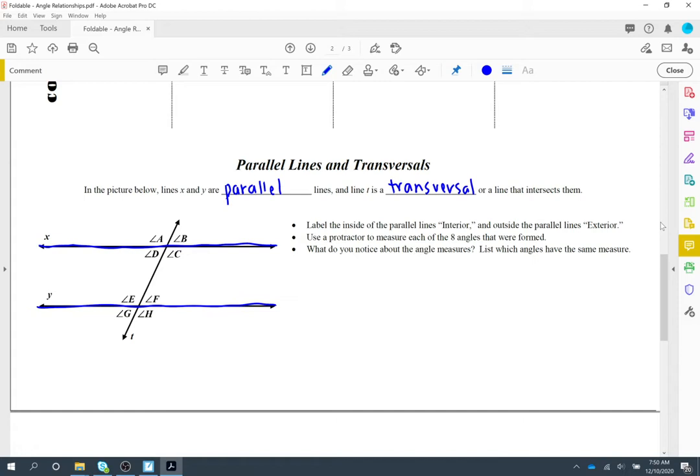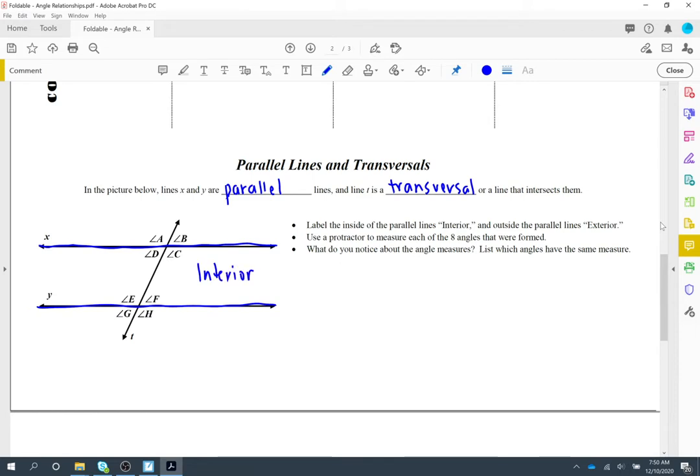relationships. So first of all, it says label the inside of the parallel lines interior and the outside of the parallel lines exterior. So take a look at your parallel lines and consider them like a road. If you're driving on the road, you want to drive on the inside of the road. You don't want to drive on the sidewalk. So the inside of the road would be in here, and the whole way across is your interior.